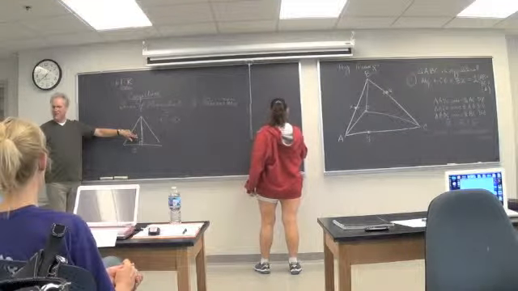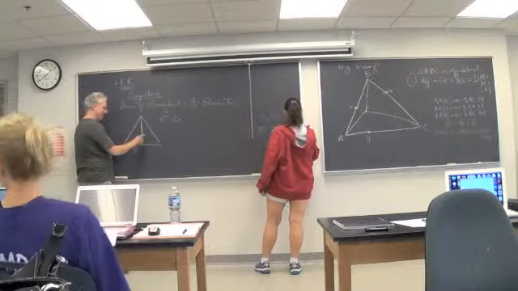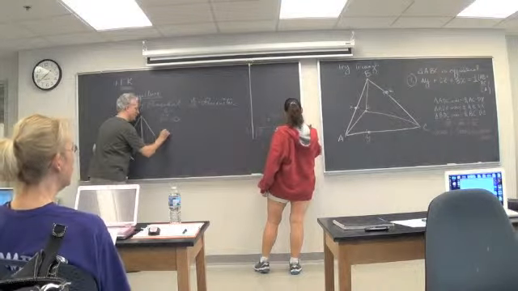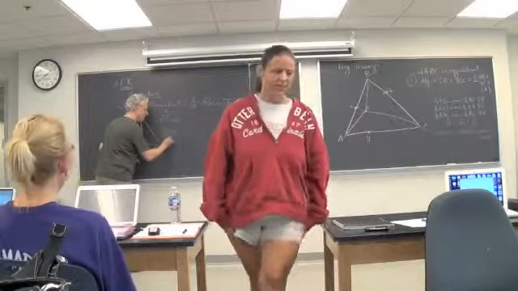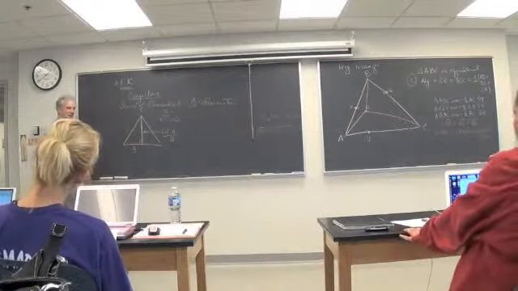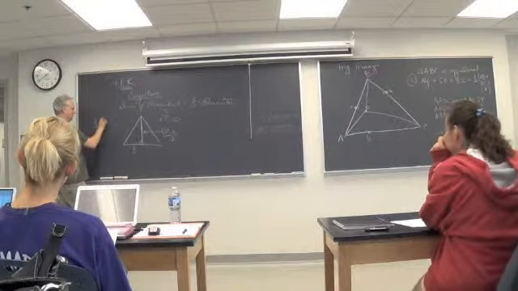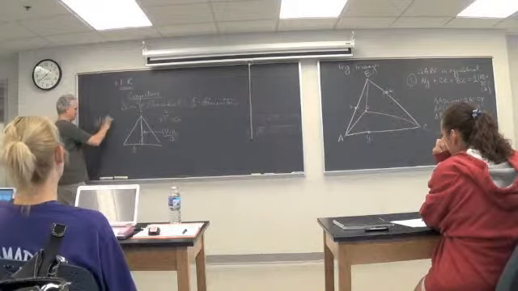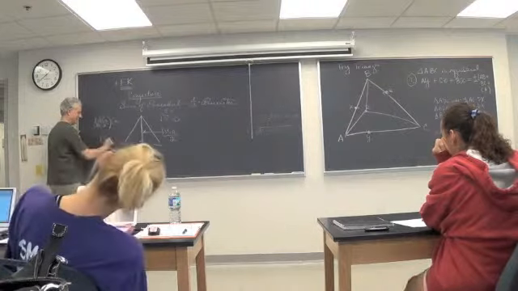Why don't we just, this is 3, right. Square root of 3 times a over 2 is the height. Yes, that's the height. So the area is 1/2 of that times a, or square root of 3 over 4.